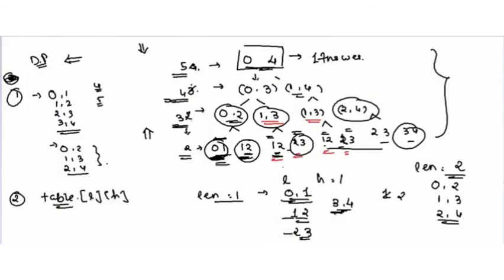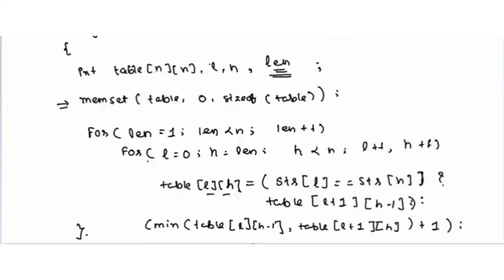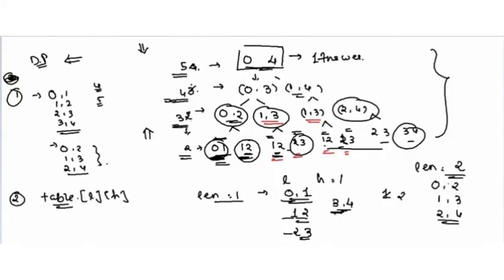If you trace, it will fill up something like this. For length equal to 1, the table entries 0,1, 1,2, 1,3 will be filled for L, H. Then for length 2, the table entries for L 0 and H 2 will be filled, then L equal to 1 and H equal to 3, and in such a way, for 0 and 4, it will be filled.